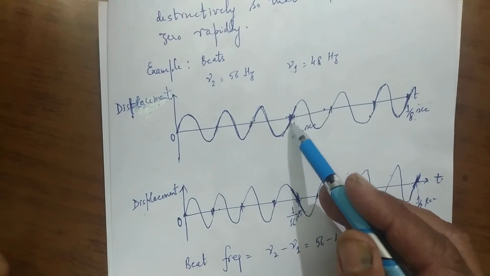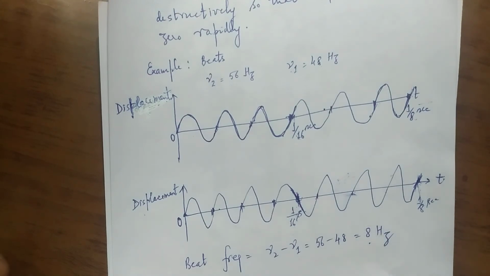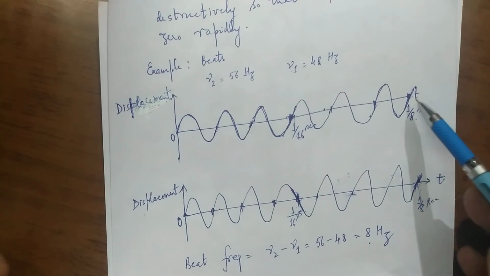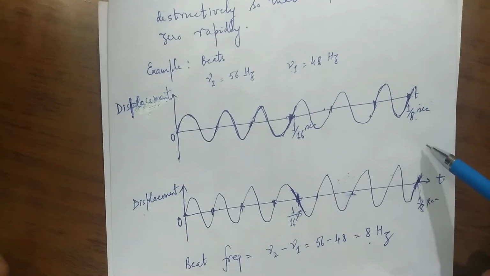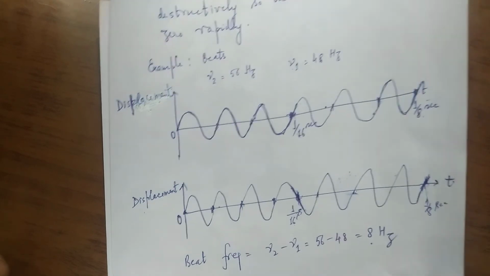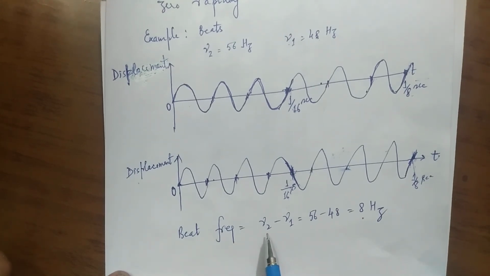Here the wave is moving upward, here the wave is moving downward. The amplitude of the wave is reduced. At 1/8th of a second, we see that the waves are meeting in the same phase, and the amplitude becomes maximum and the intensity also becomes maximum. So after every 1/8th of a second there occurs a maximum in the intensity of the resultant wave, and the beat frequency is nu2 minus nu1, that is equal to 8 Hz.